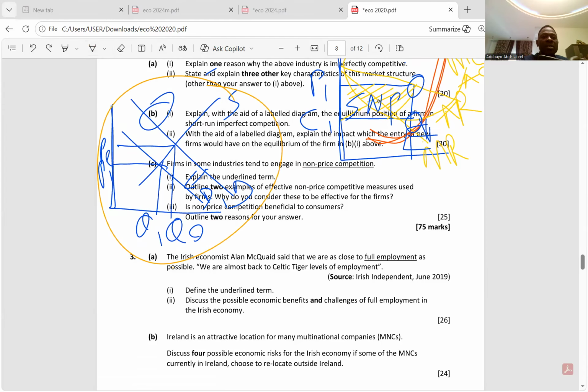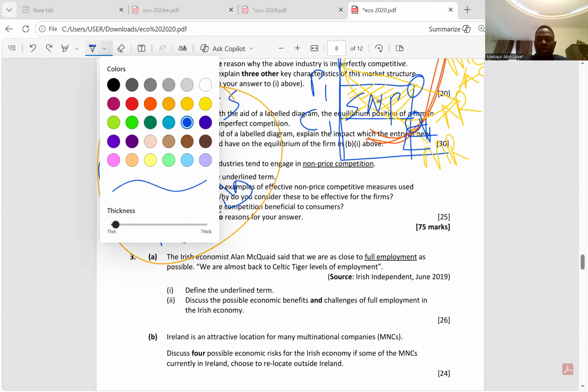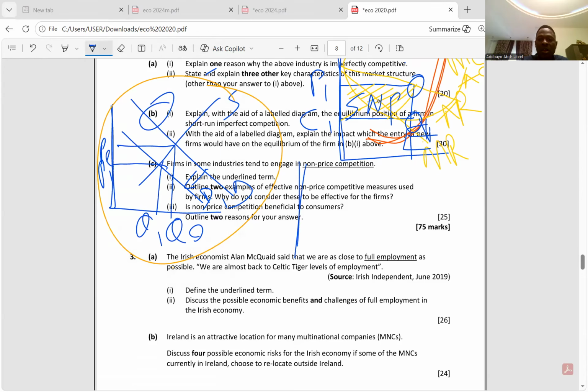So for normal profit, we're going to have this new graph. So we're going to have C1, P1, Q1 at this point. Then at that point, our marginal revenue still is here. Then the average revenue is here.